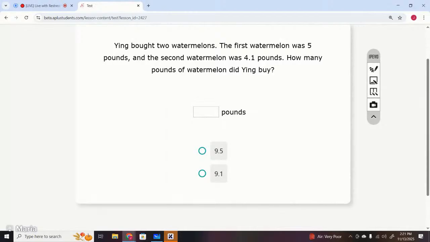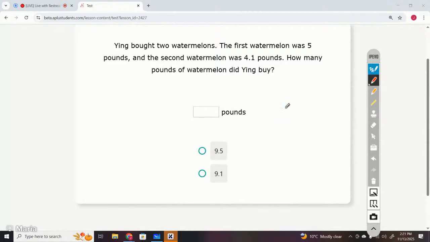Ying bought two pieces of watermelon. The first was 5 pounds and the second was 4.1 pounds. How many pounds of watermelon did Ying buy? So you need to calculate the total watermelon he bought. So you need to add them. Just line up the decimal point, that is 5.0 and add 4.1.